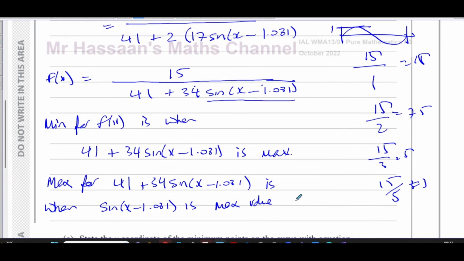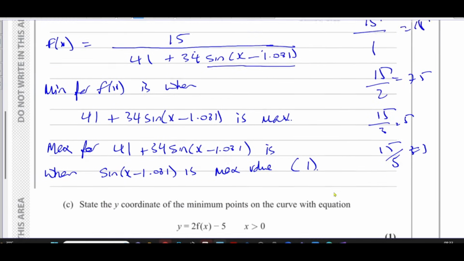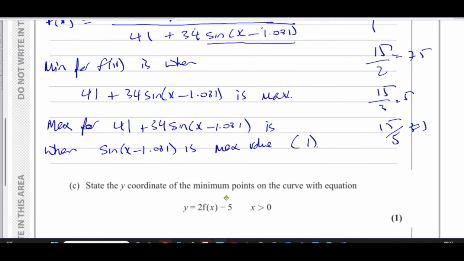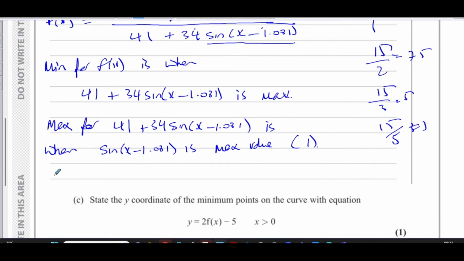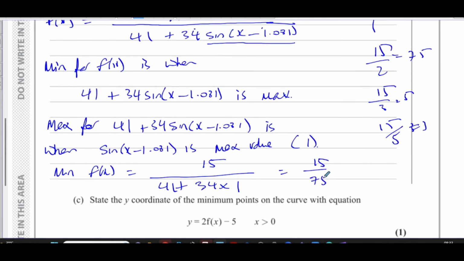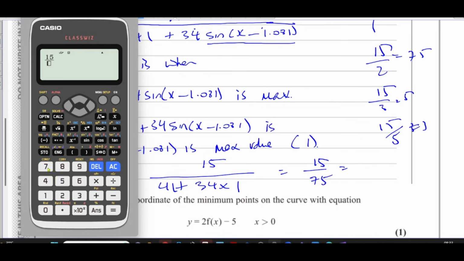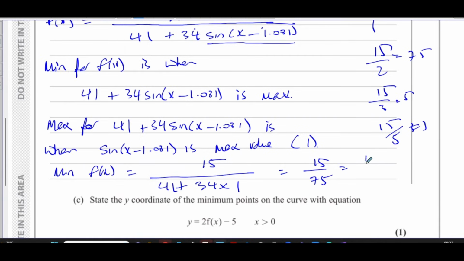So now we can work out that the minimum value of f of x is going to be, when you have 15 over 41 plus 34 times 1, which is 15 over, that's 75. 15 over 75, what does that give us? Is that 1/5? 15 over 75, that gives us 1/5, that's right.